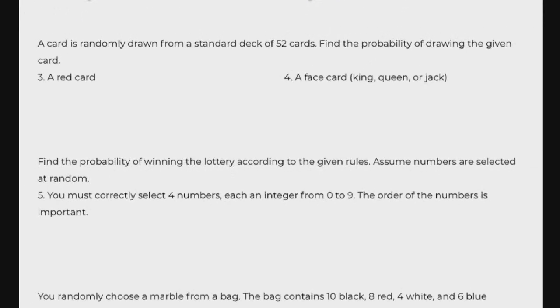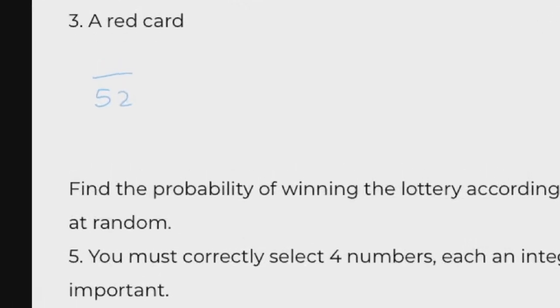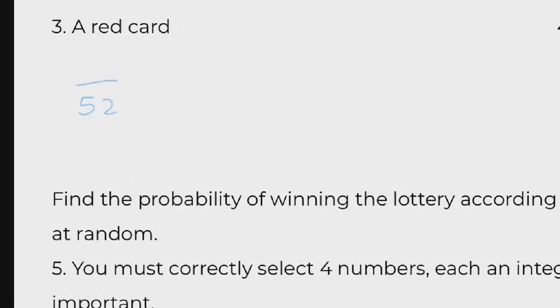Okay, next we're going to be talking about cards. A card is randomly drawn from a standard deck of 52 cards. Find the probability of drawing the given card. So in a deck, there are 52 cards, so that's going to be our total. And we want to pick a red card. In a deck of cards, there are 26 red cards, so that'll be 0.5 or 50%.